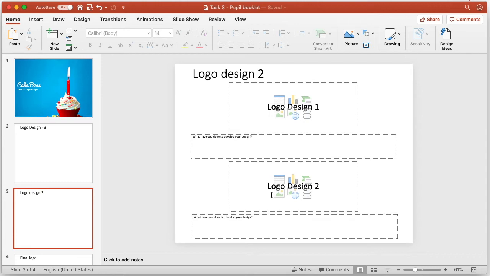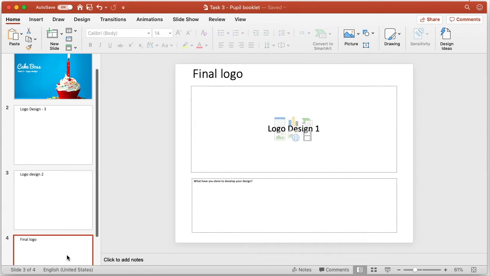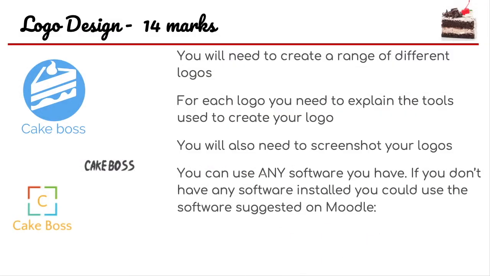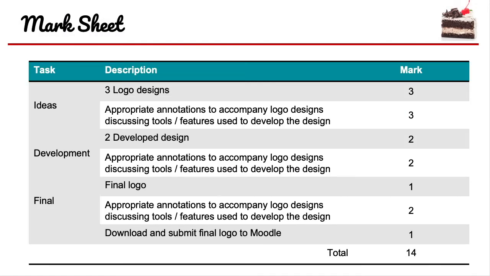Well, drop one of them and then develop 2 of them a little bit. Make something better, and then I want you to make your final logo, which should be your best logo that you are going to make, and it's going to be the one that you are going to use. And each time you're going to download it and save it into this booklet, and then return the booklet to Moodle for me, please.